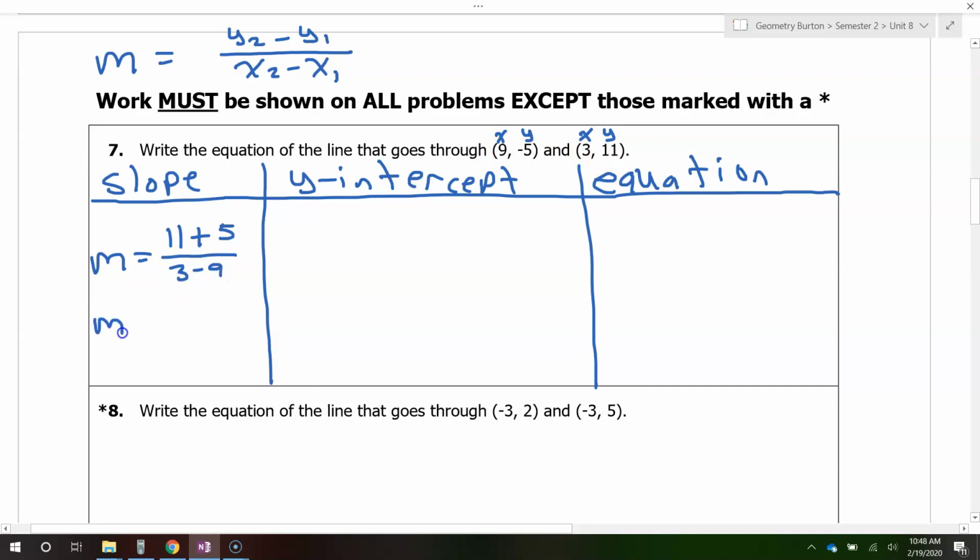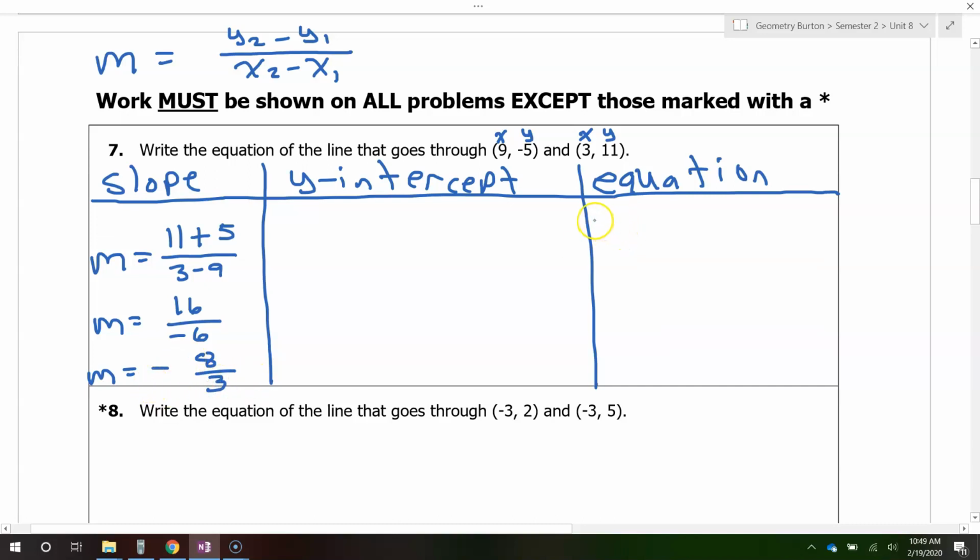So that's going to give me 16 over negative 6. And let's go ahead and reduce that down a little bit. So that's going to be negative 8 over 3. So that is my slope.